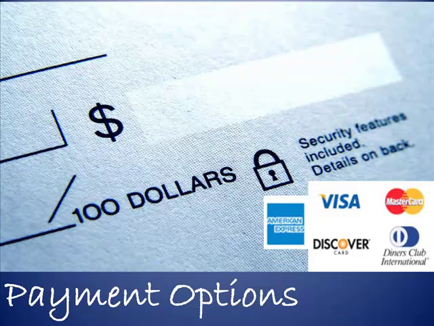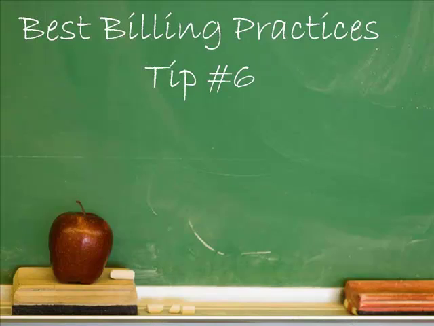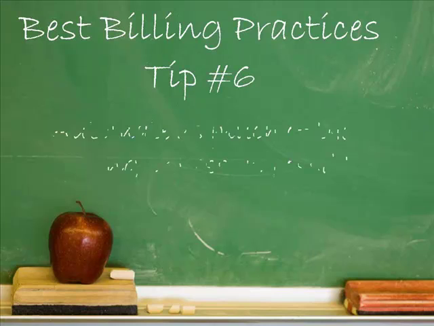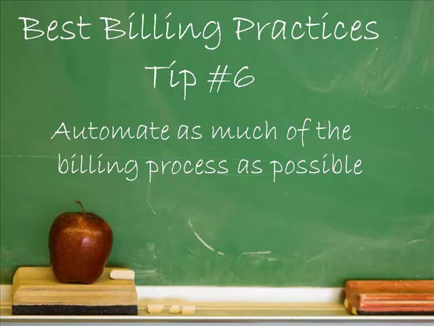My final billing tip, tip number 6, is to automate as much of the billing process as possible. It's really vital to your billing processes that they're streamlined, and unfortunately in many organizations this is far from the case. Many can struggle with manual methods for submitting and reviewing hours, coordinating those approvals, processing expenses, and much more.